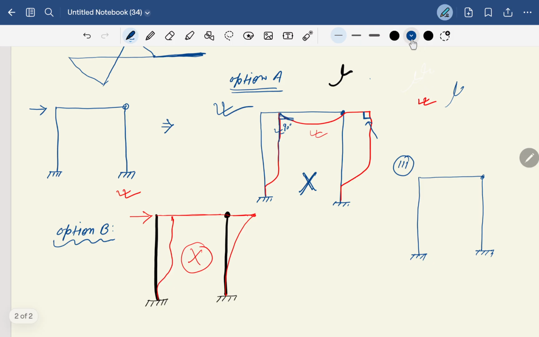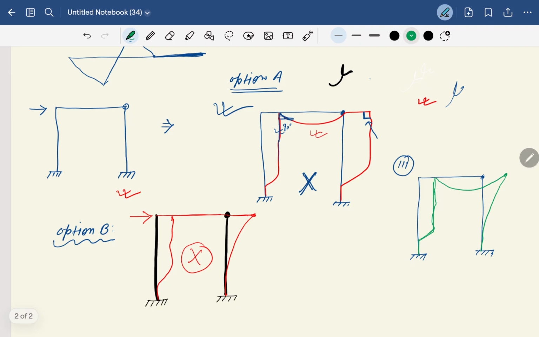In this case, the deflected shape will be something like this. Now you have to see whether this option is right or wrong.